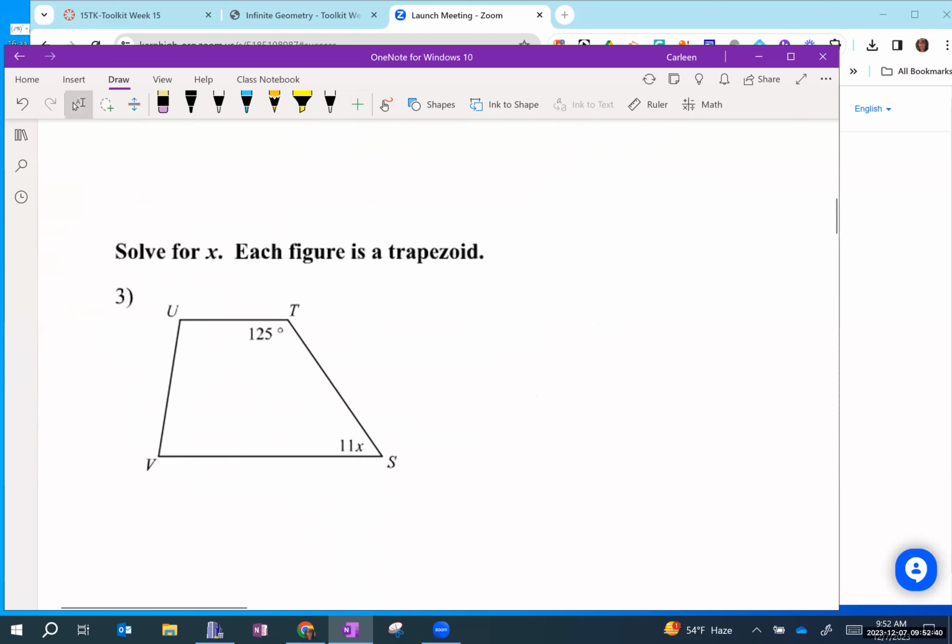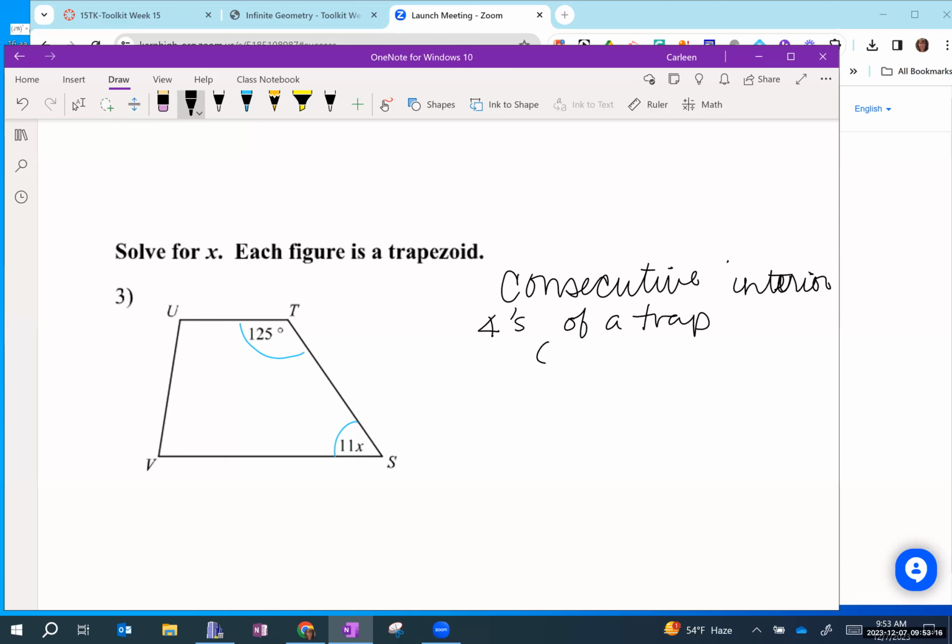Okay, next. If this is a trapezoid, solve for x. So what do we know about corresponding? No, sorry. They're called consecutive interior angles of a trapezoid.